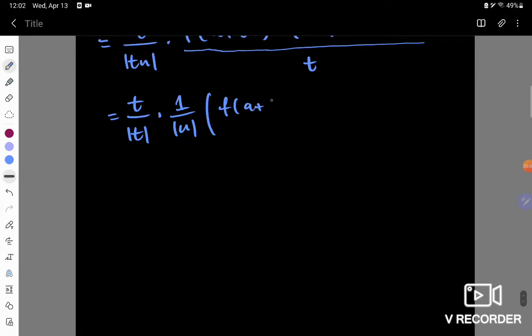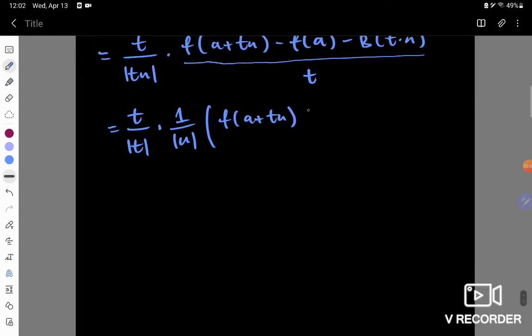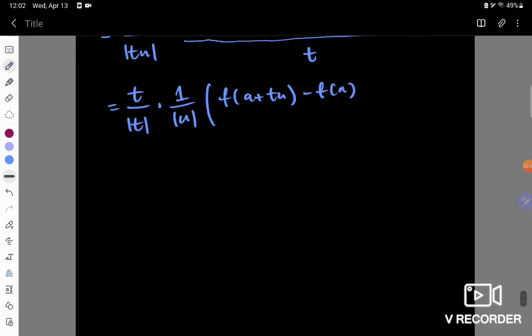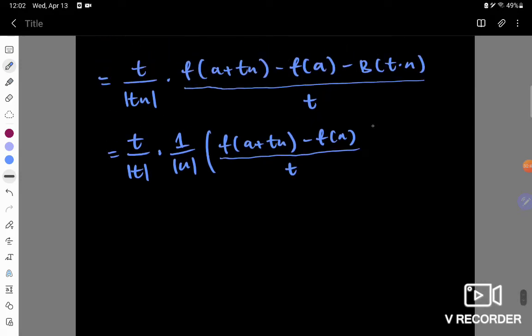f of a plus t times u minus f of a, all of this over t, and now we just pull out this minus t, minus t times b applied to u.